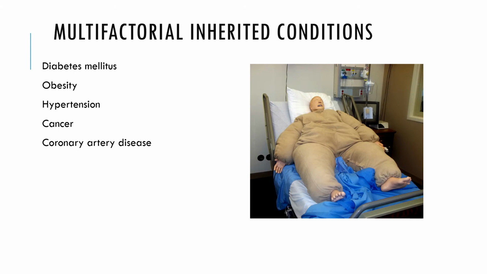Now, many of the chronic diseases that we're seeing today are thought to be multifactorial inherited conditions. But we'll talk about a word that I think is becoming perhaps slightly more important than genetics, and it's epigenetics, or above the genes, above the genetics.